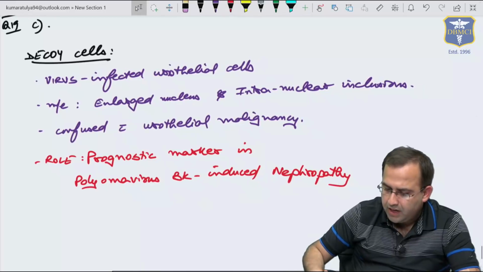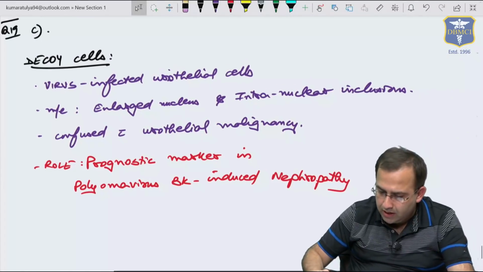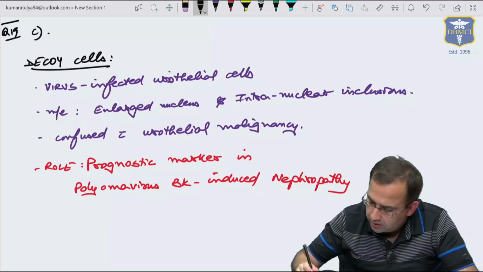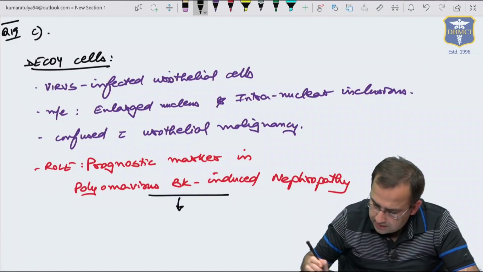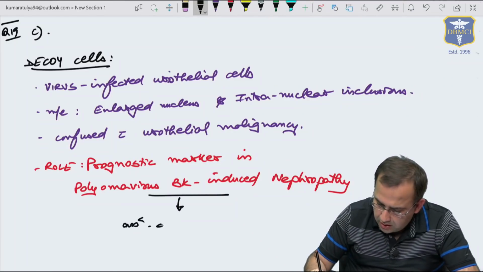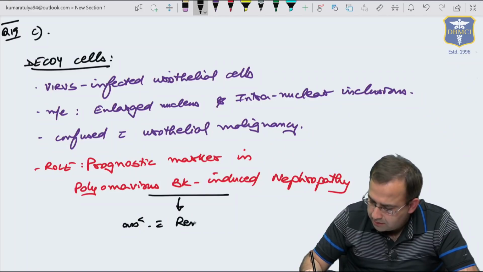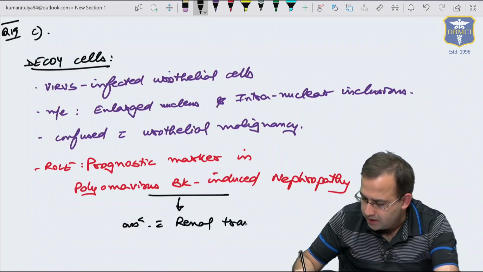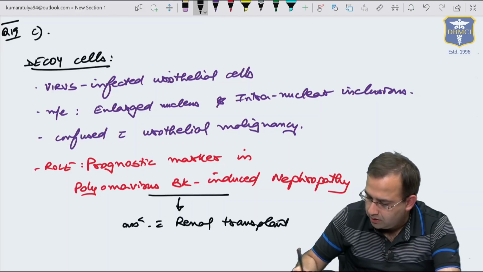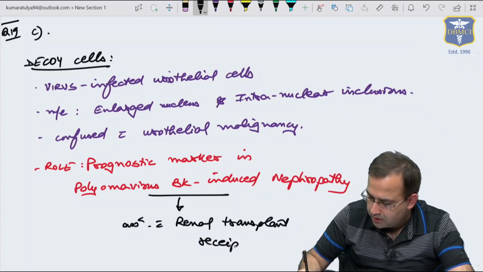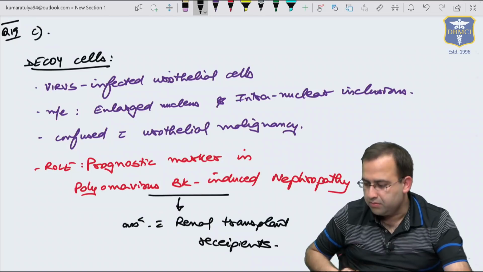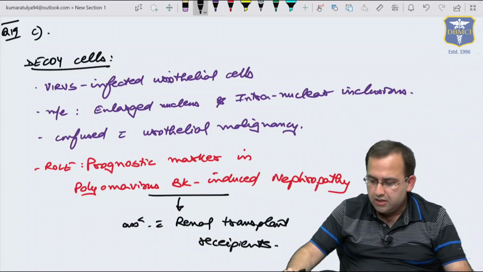This polyomavirus BK induced nephropathy is associated with renal transplant recipients. That is a decoy cell.